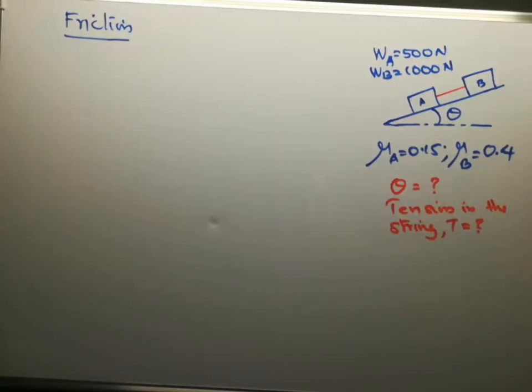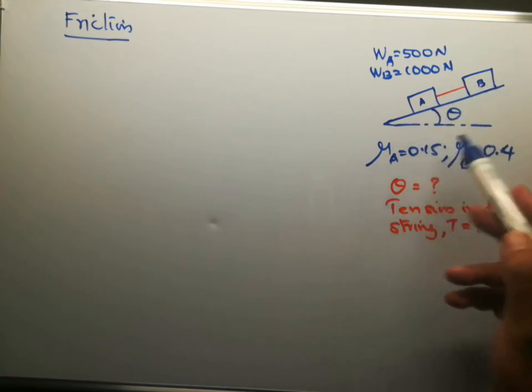In this problem, two blocks A and B whose weights are given as WA, that is weight of block A is equal to 500 Newton and weight of block B is equal to 1000 Newton. These two blocks are placed on an inclined plane which is at an angle of theta with the horizontal, as you can see in the figure.